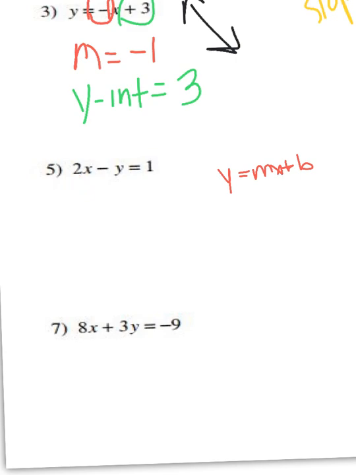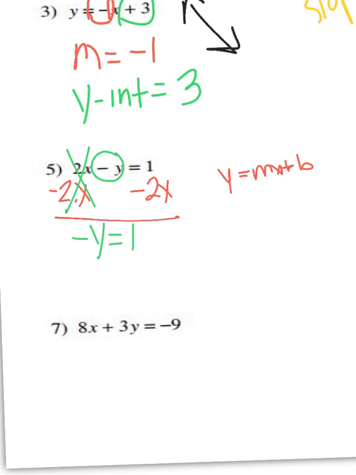Sorry, I'm not sure why that's not working. So we can subtract 2x on both sides of the equation. That leaves us with negative y, because those cancel out. Negative y equals 1 minus 2x.